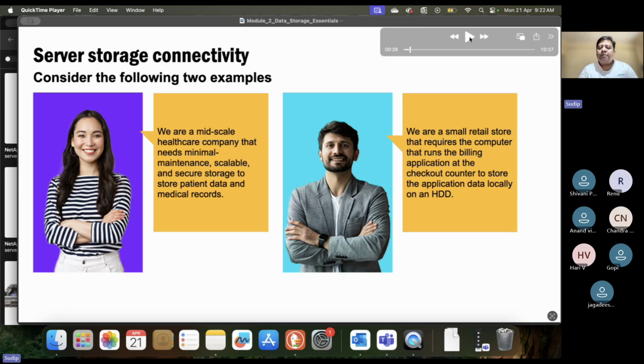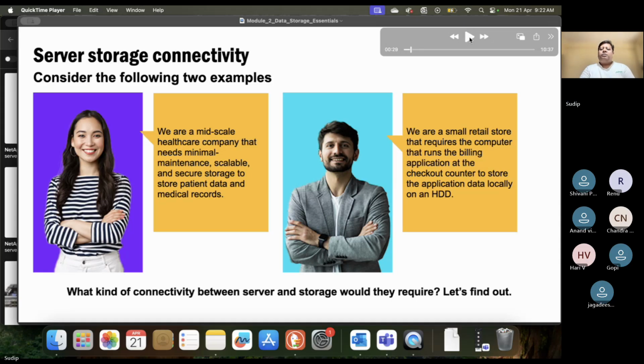What is the gentleman on the right saying? He is saying we are a small retail store that requires computers to run the billing application at the checkout counter, to store the application data locally on just a hard drive. Now, what is the kind of connectivity required for both these scenarios?